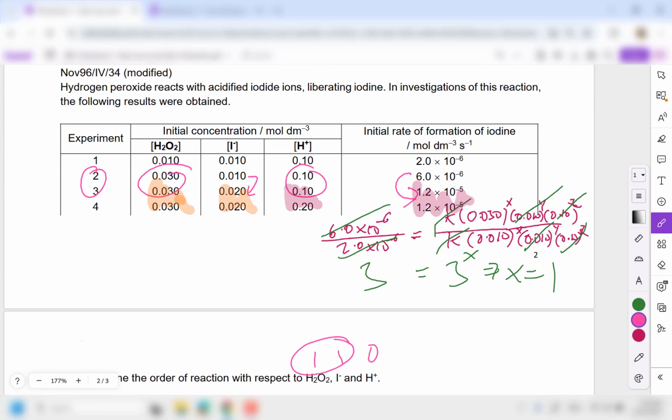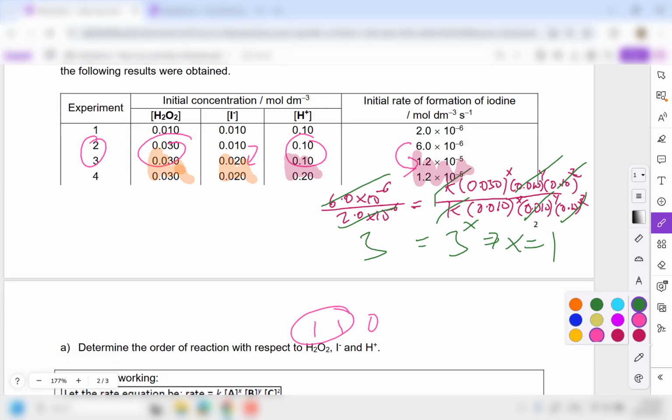So you just choose, maybe I'll choose experiment 1 and I'll do the working here. So if I choose experiment 1, this will be 2.0 times 10 to the power minus 6, equal to k times 0.010 times 0.010.